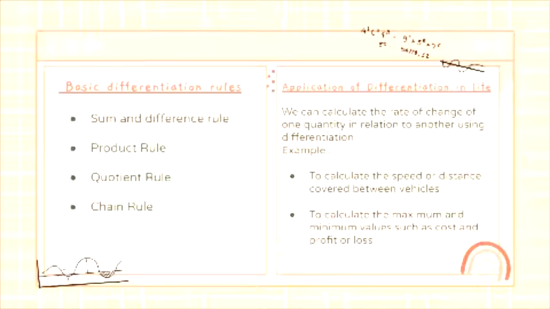Application of differentiation in life: we can calculate the rate of change of one quantity in relation to another using differentiation. For example, we can use differentiation to calculate the speed or distance covered between vehicles, and we can also use it to calculate maximum and minimum values such as cost and profit or loss.